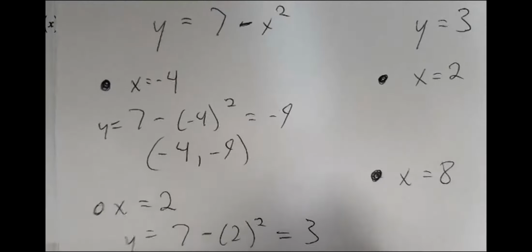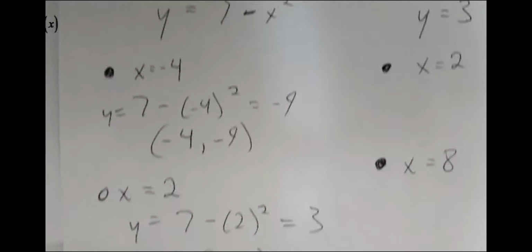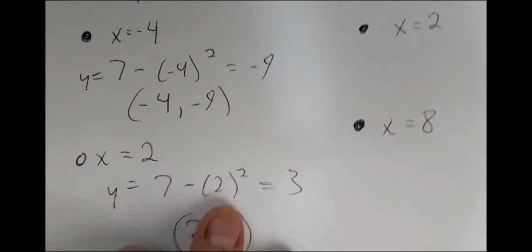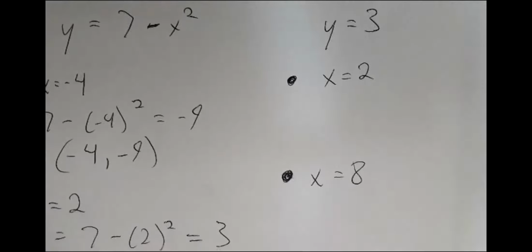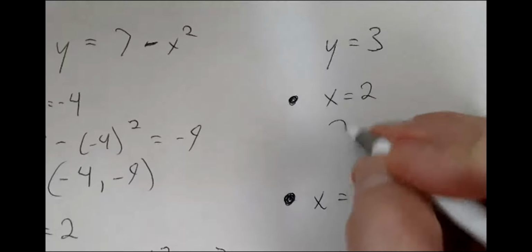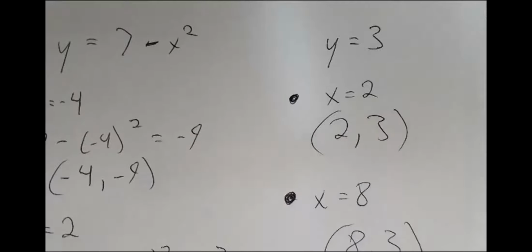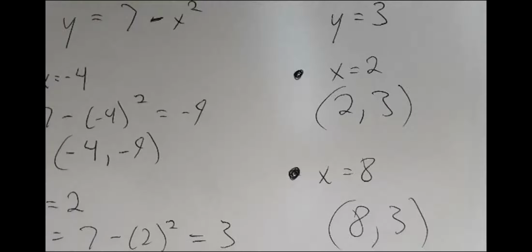And so the other point I want is 2, 3. Then I have this one at x equals 2, and my y is 3, and at x equals 8, my y is 3 there. So that one should be a constant, a flat function. So hopefully when we get to graphing these things, it looks like that.